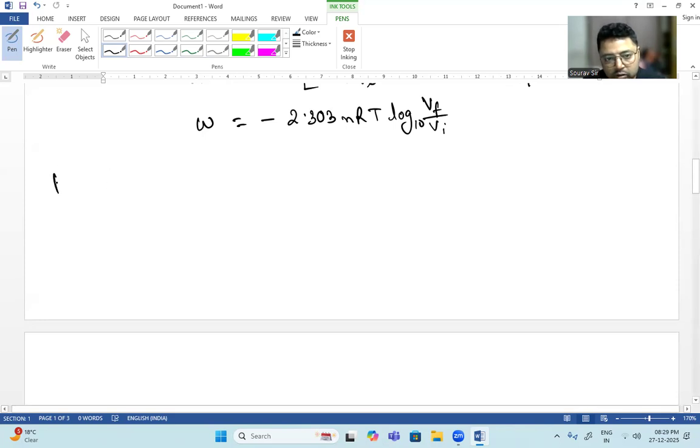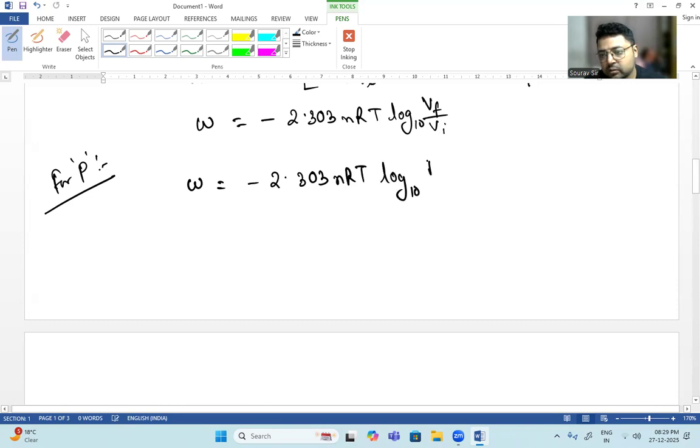So if I have the pressure value instead of the volume value, then W equals negative 2.303 nRT log to the base 10 of Pi by Pf, because volume is inversely proportional to pressure. So for Vf we have 1 by Pf and for Vi we have 1 by Pi. So Pi by Pf will be the final form of this equation.